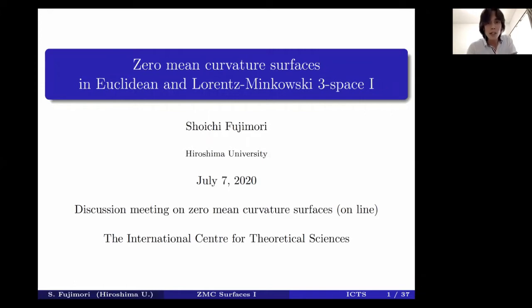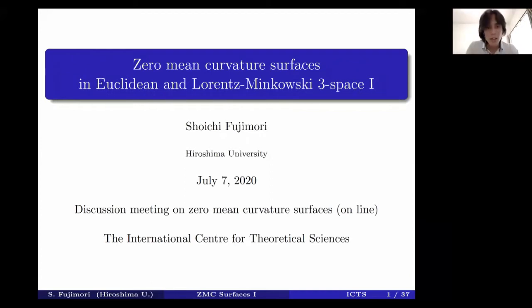So in this talk today, I'd like to give a quick review of minimal surface theory in Euclidean space. Of course, there are a bunch of important results for minimal surface theory, so the topic I give today is only a part of the theory, which will be related to my second talk and third talk.